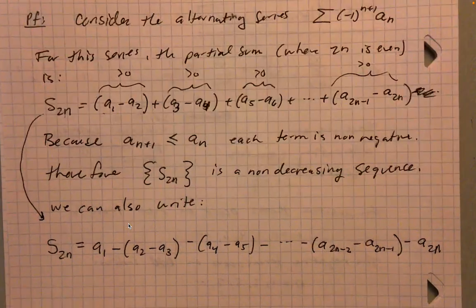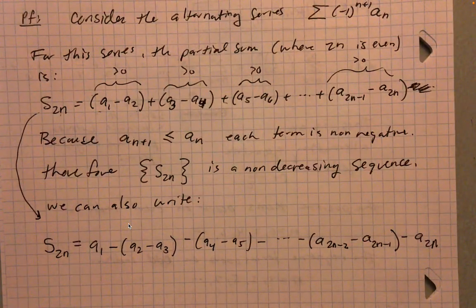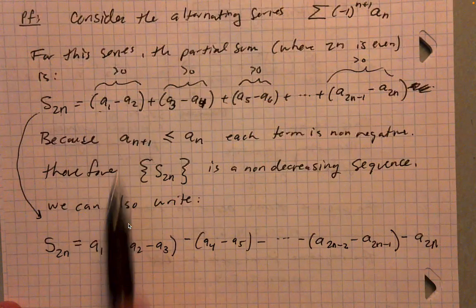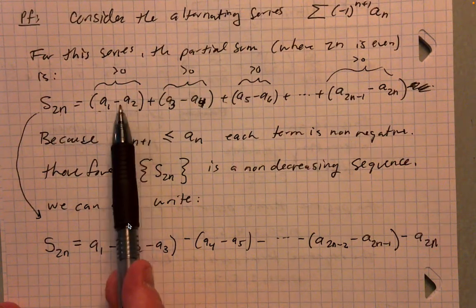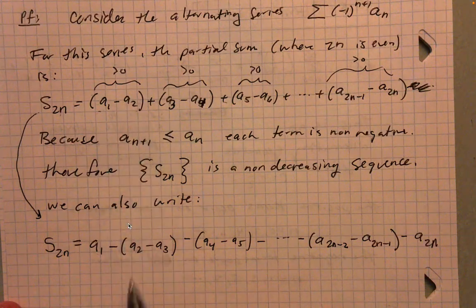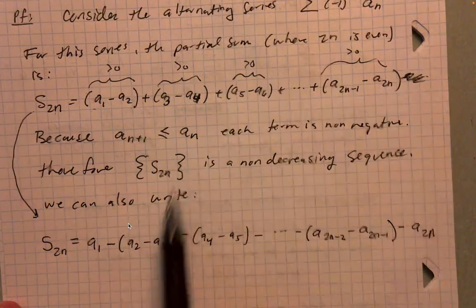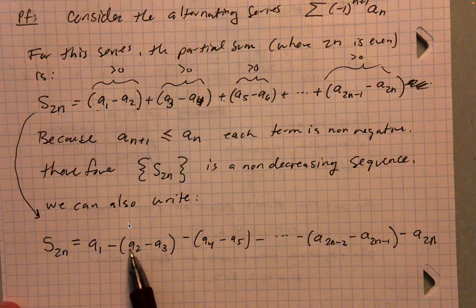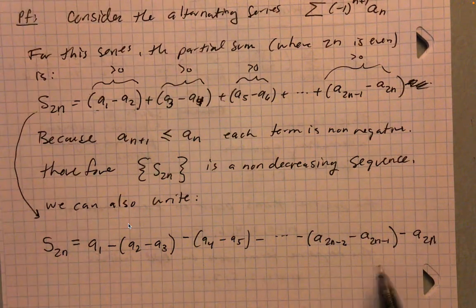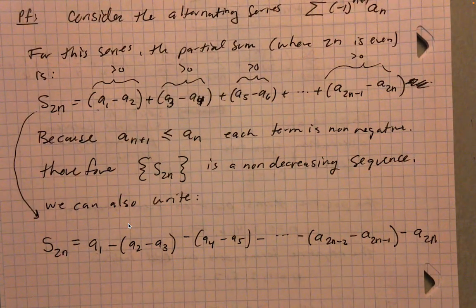Take a moment and look at this and make sure you can see exactly how this is done. The a1 is positive, so it's just sitting there. Now a2 is technically minus a2, so we factor the minus out and you get a positive a2 inside. Now a3 is positive, so we factor out a negative and it becomes minus a3, and so on and so forth, all the way down the line.